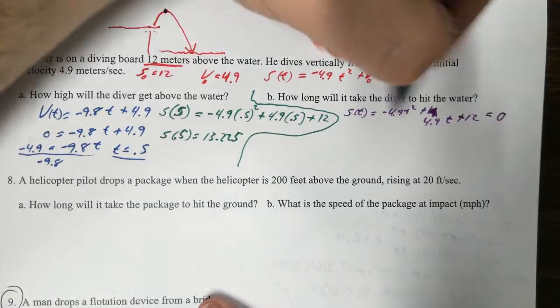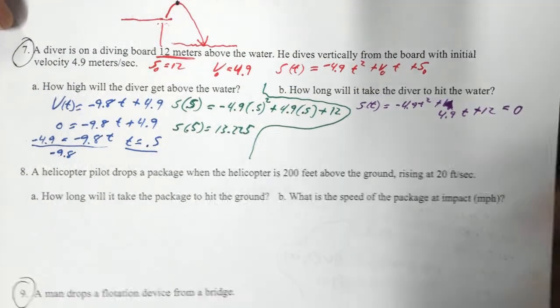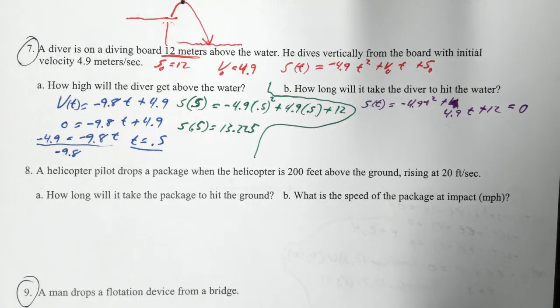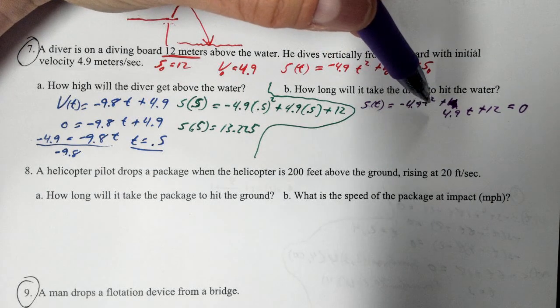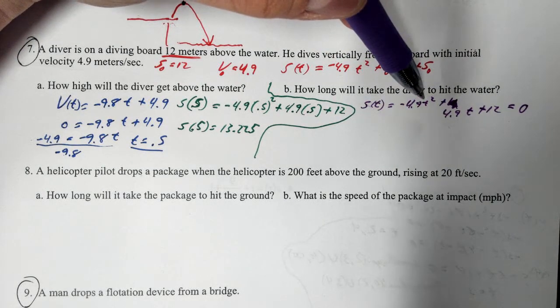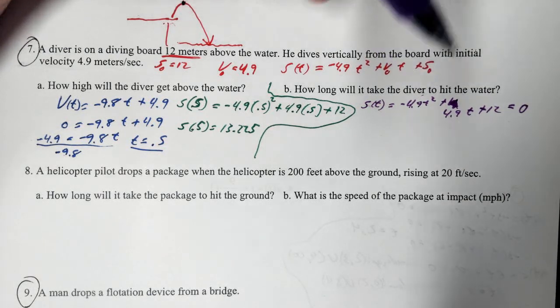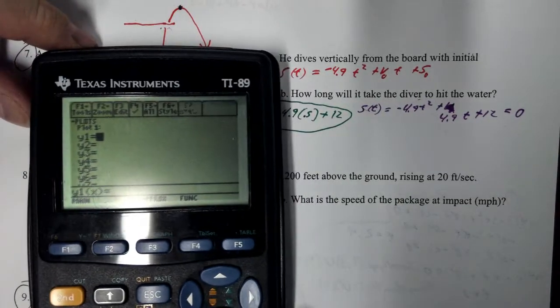So now we just need to figure out when this equals 0. Well, luckily we can use a calculator. In my calculator, we're going to put this equation in y1. If mine looks weird, it's because I have an 89.